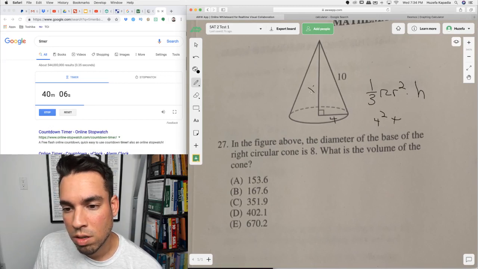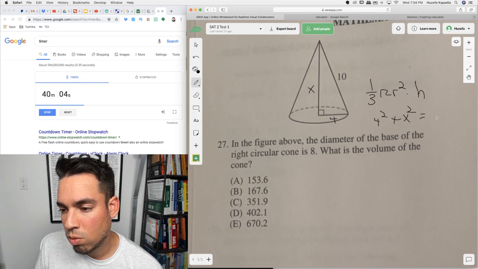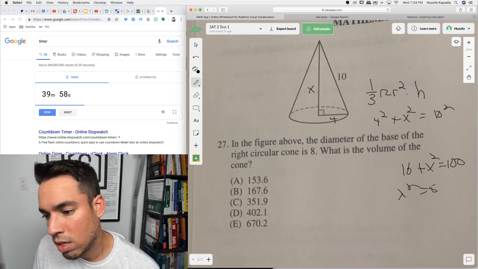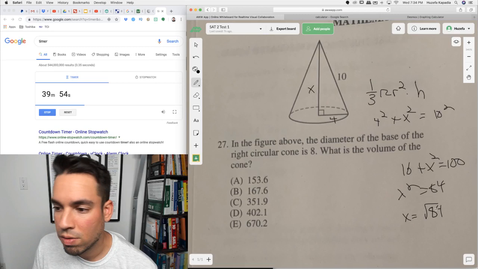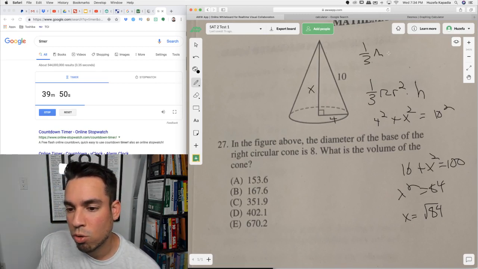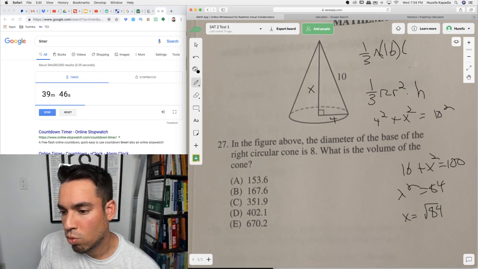Pythagorean Theorem says 4 squared plus x squared equals 10 squared. 16 plus x squared equals 100. X squared equals 84. X equals square root of 84, whatever that is. So then it's 1/3 pi times 4 squared, which is 16, times square root of 84.